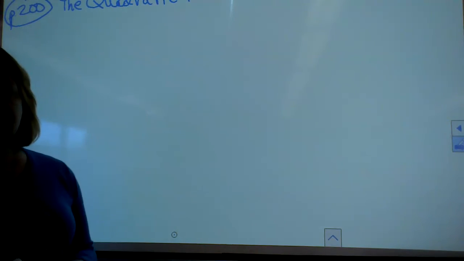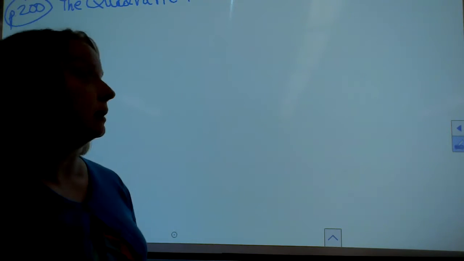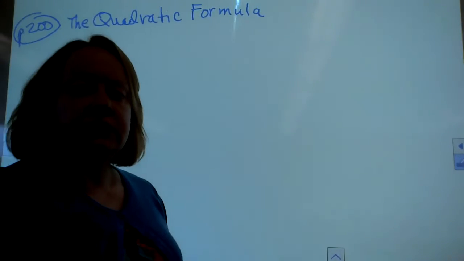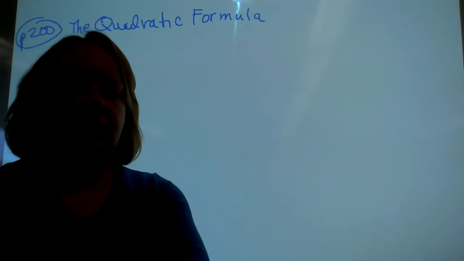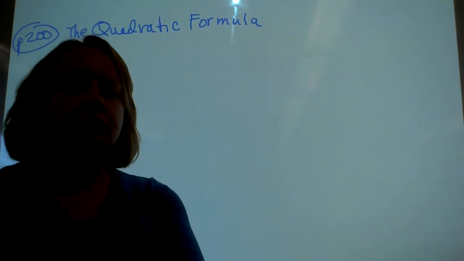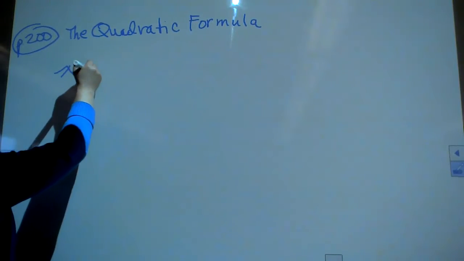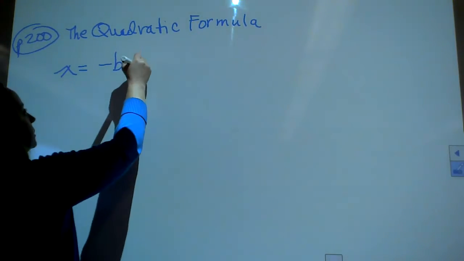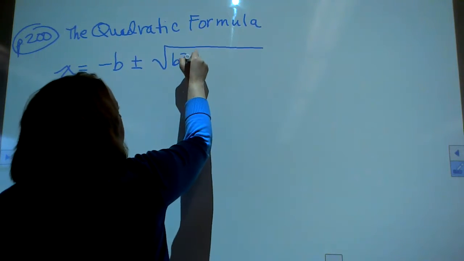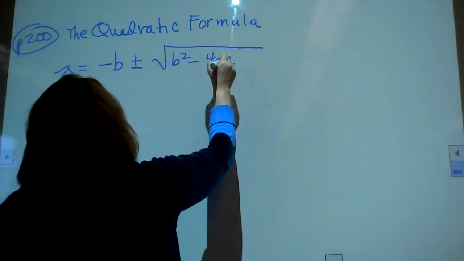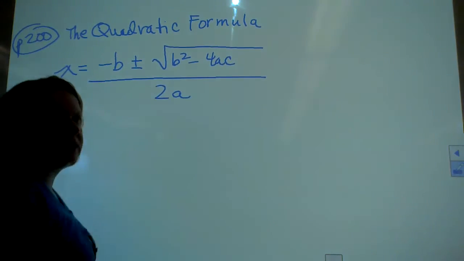Some of you have seen this before and worked with it, but this is just more in depth with the formula here. So it's going to be x equals negative b plus or minus the square root of b squared minus 4ac, long fraction bar, 2a.